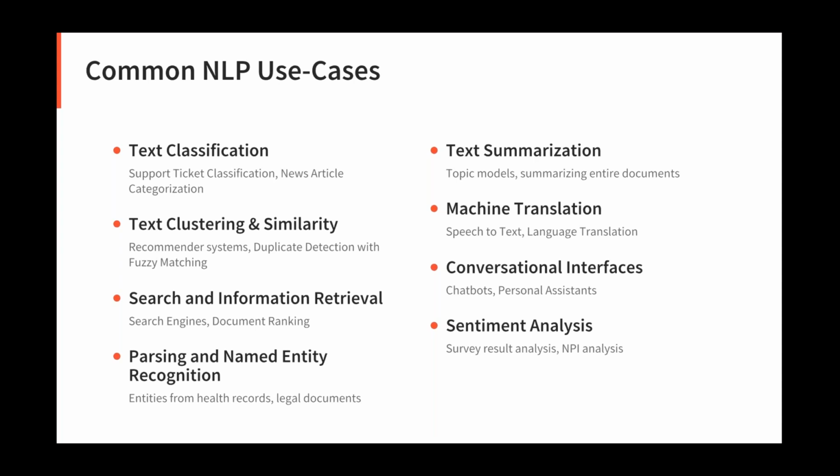And then you have things like text clustering and similarity, where we have aspects like recommender systems, content-based recommender systems. We'll look at an example later on where based on text descriptions, can you recommend similar items? Or can you recommend things like similar movies to the user? And then there was an interesting use case which we solved where we found out duplicate knowledge articles with fuzzy matching.